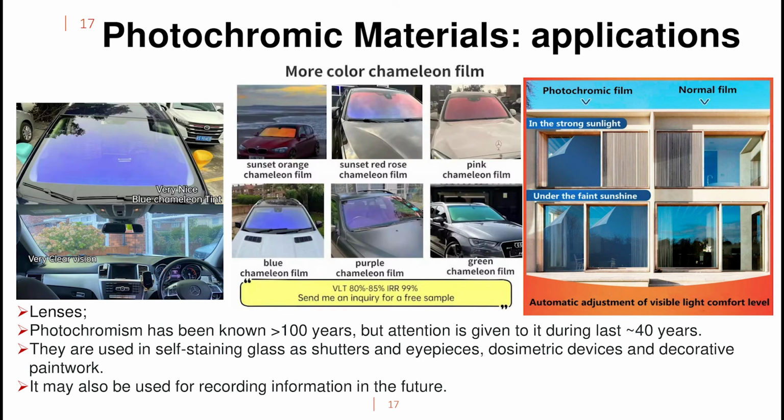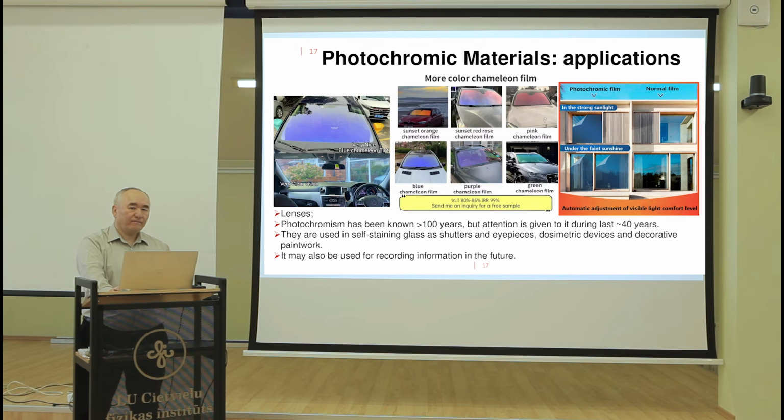Of course, in the case of front window applications in automobiles, one should follow the country's regulations. In Europe, it's not allowed if front window transmittance is less than 85%. And then the color change should be very fast.